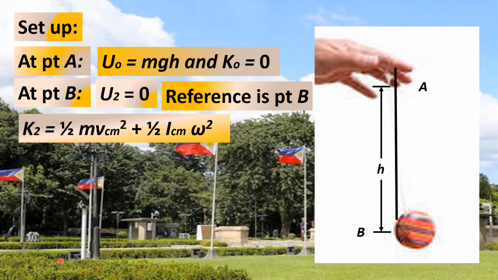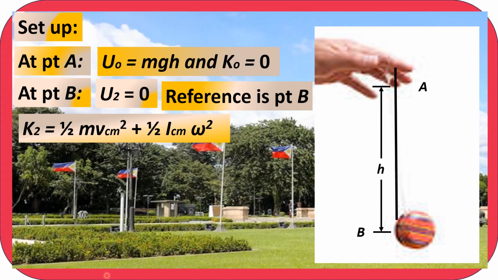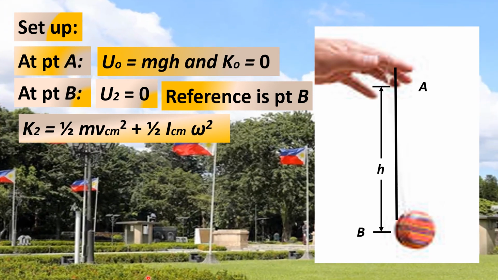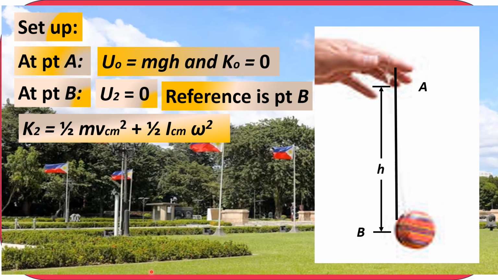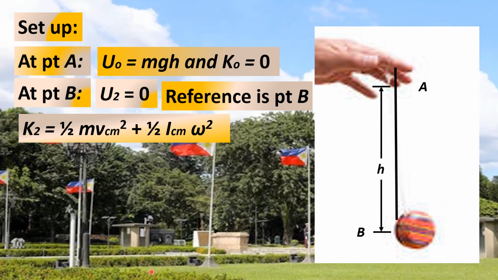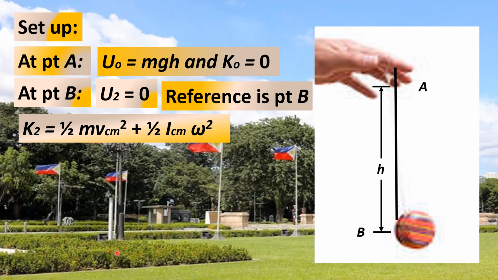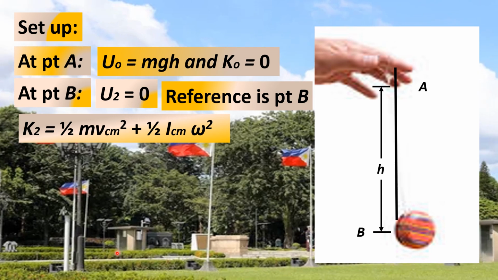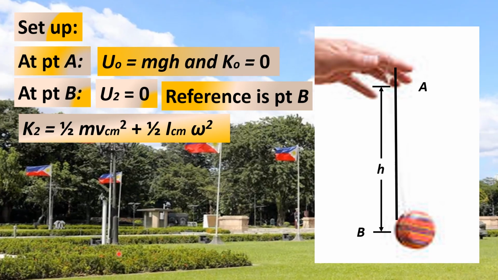We call that the translational kinetic energy at point B. While 1 half times I sub cm multiplied by the square of omega represents the final rotational or angular kinetic energy.